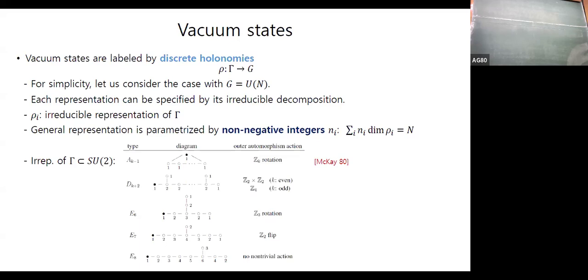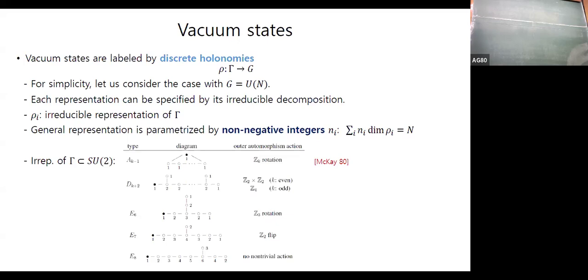Let us call rho_i the irreducible representations of gamma, and a general representation is parameterized by non-negative integers n_i times the dimension of the irreducible representation, and you should sum. If it equals N, it will give you a map from gamma to G, meaning that you have found some discrete holonomies.